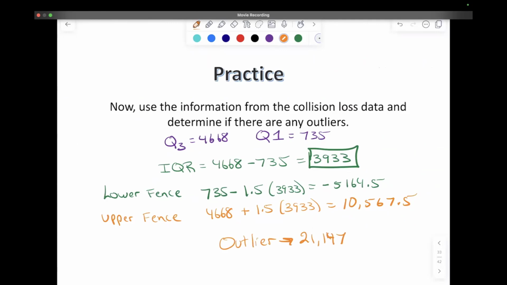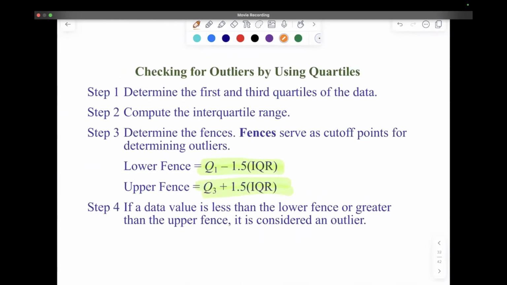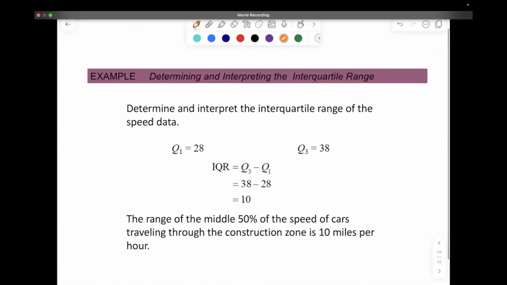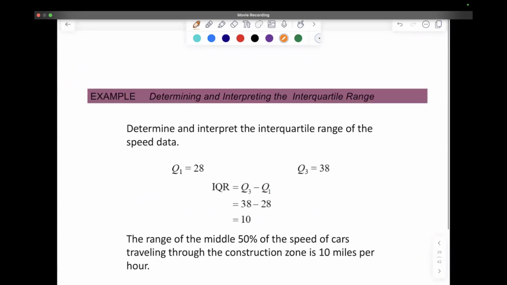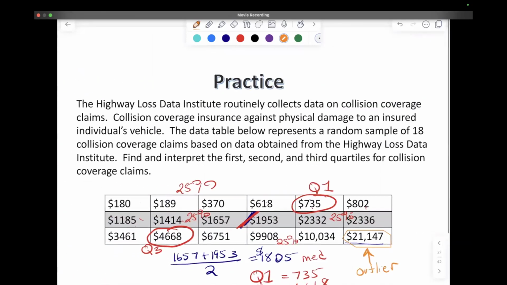Questions on finding outliers with median? I'm a little confused on how we got to the 21,147. So this value, if I go back, I'm looking at whether I have any values higher than 10,567.5, because that was my upper fence.